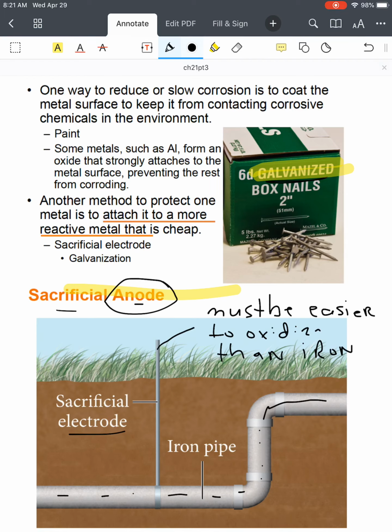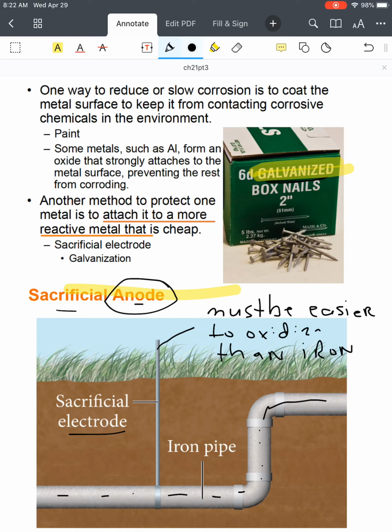So there has to be a component in your sacrificial electrode which is easier to oxidize than iron. That basically means that it should be below it on the table of reduction potentials.